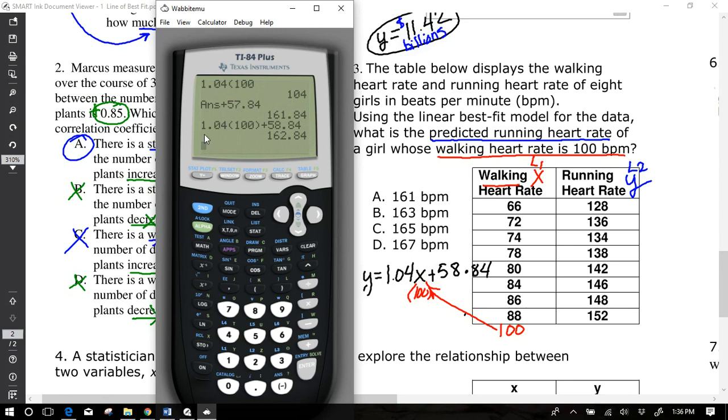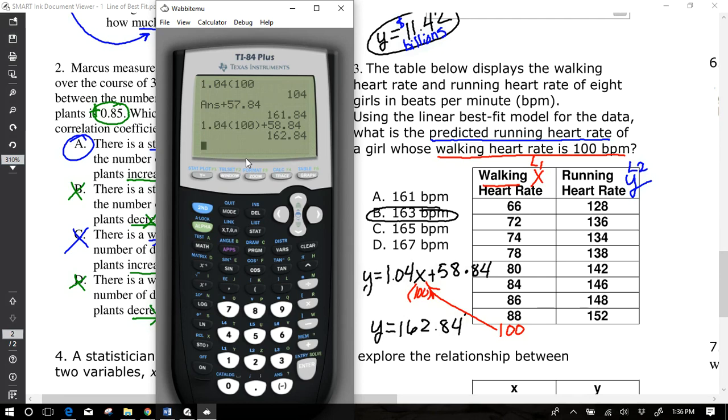So this time I typed it correctly. 1.04 times 100 plus 58.84. And the answer that I got was y equals 162.84. And that rounds up to 163 beats per minute.